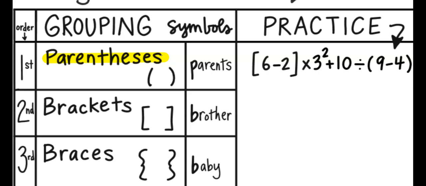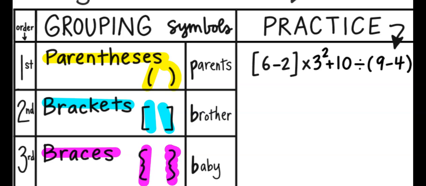After you've evaluated what's in the parentheses, you go on to the brackets. And third, you evaluate the braces, which are on the outermost. So if you need three different grouping symbols within an expression, this is how you do it.